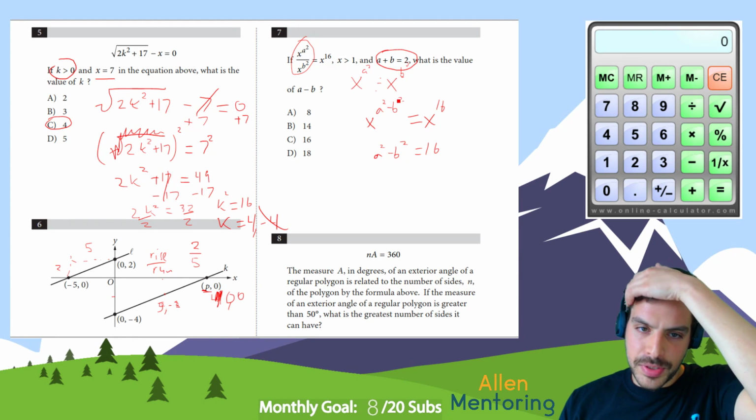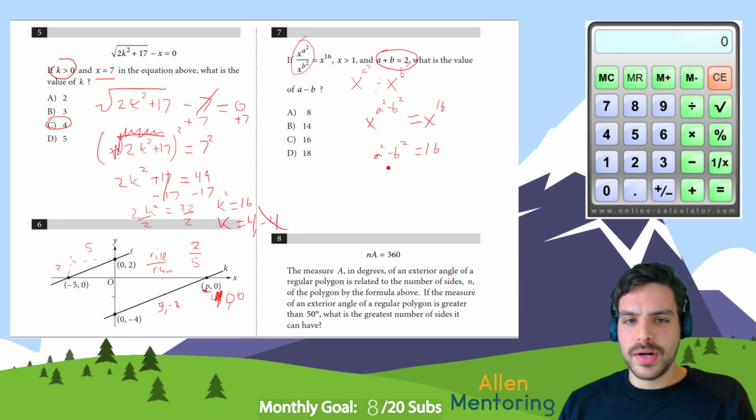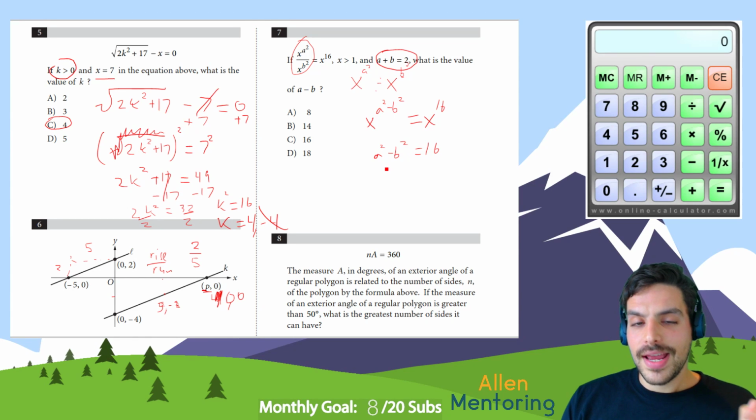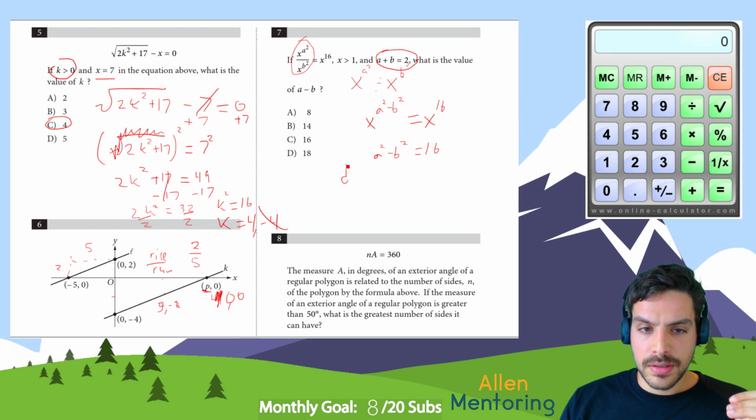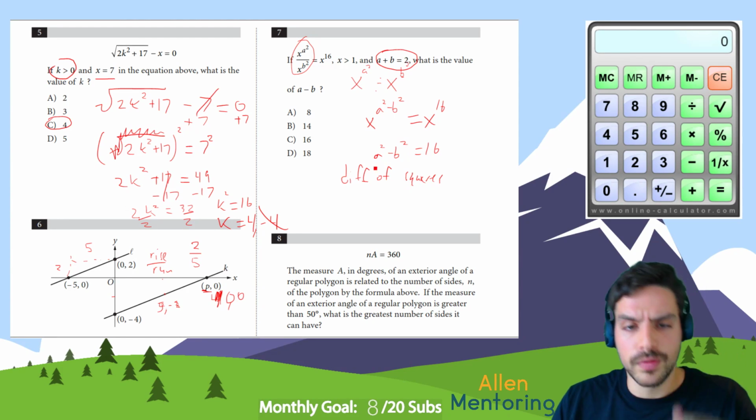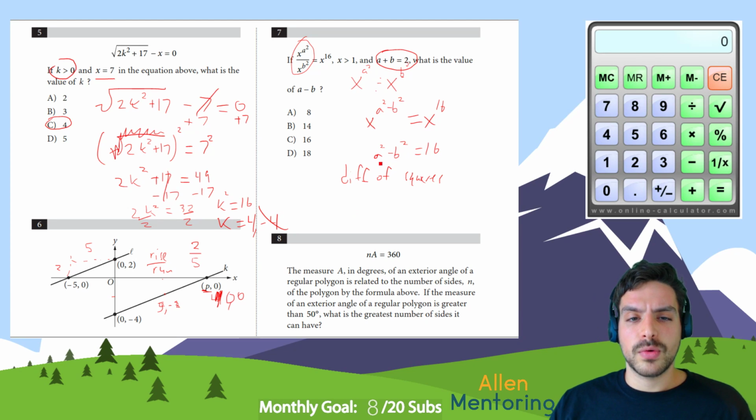How does that help us solve when we have a squared minus b squared? This is where I want you to remember the difference of squares. Okay, and I promise my handwriting will get better over time. So how do you do difference of squares?